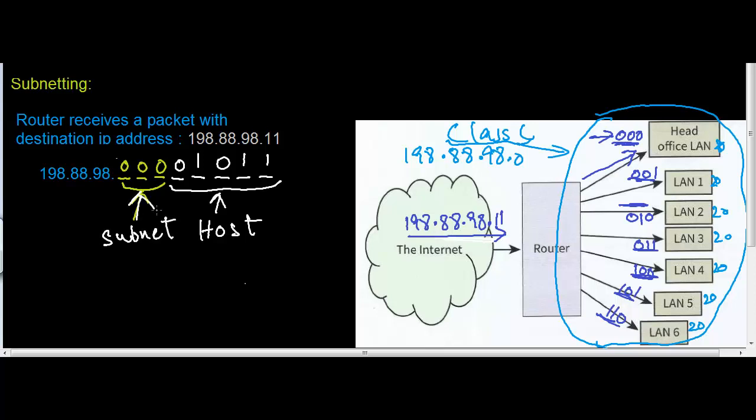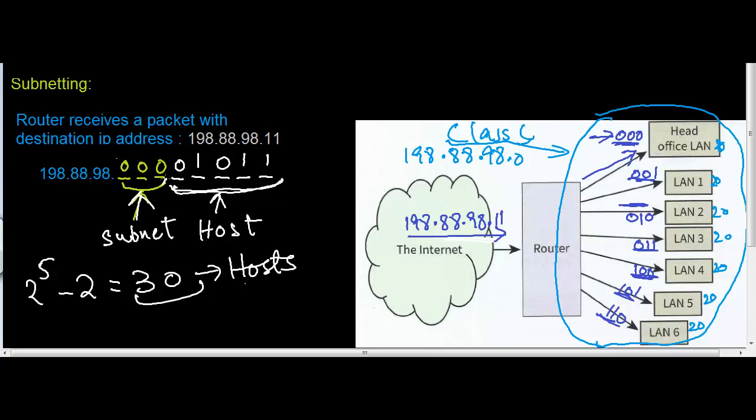Okay, now the question is, how many hosts can we have on a subnet in this example? Well, we have 5 host bits, which means we can have 2 raised to power 5 minus 2, which comes out to be 30. So we can have 30 hosts on a subnet.